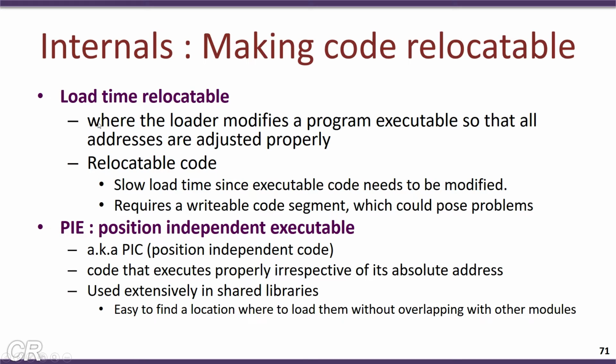In the load time relocatable, the main functionality rests with the loader, where when the library gets loaded, the loader would parse through the library and adjust each address properly so that the library executes in the expected manner. In the PIC technique, relative addressing is extensively used to achieve the same purpose. So, we will look at both the load time relocatable as well as the PIC executables in more detail.